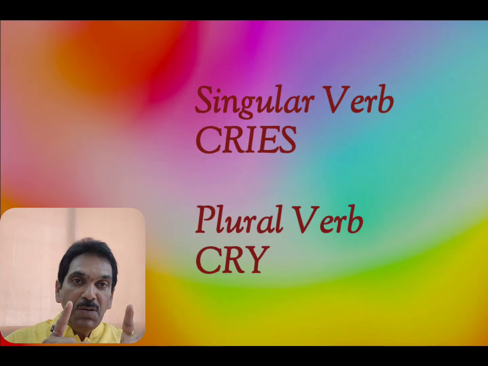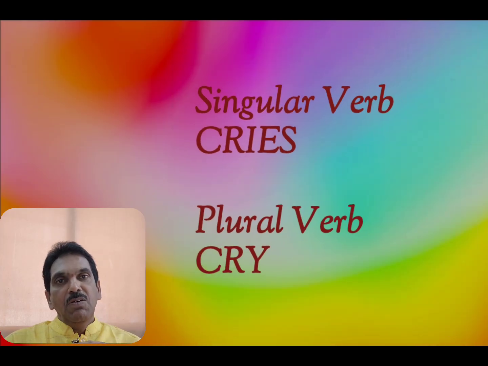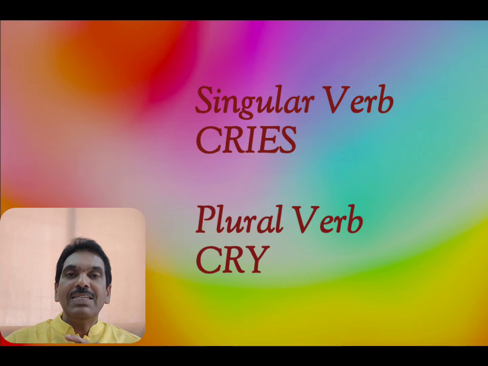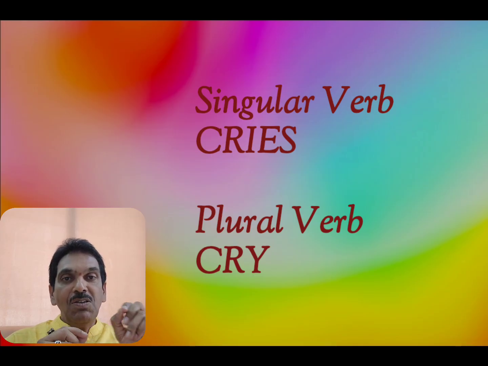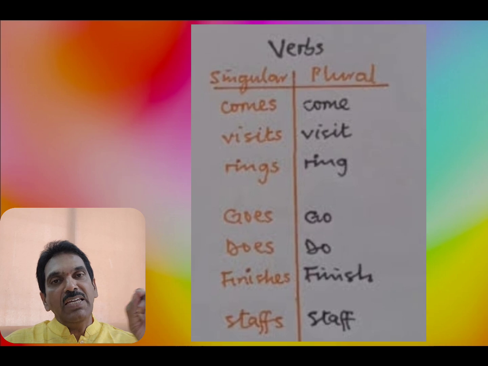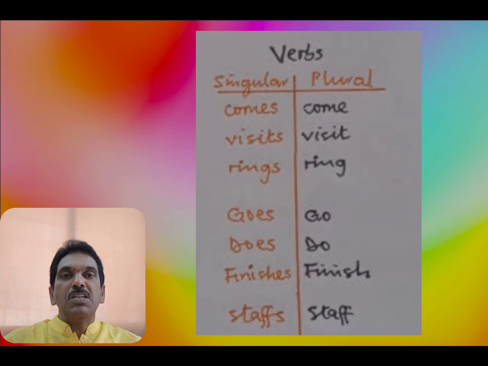But as far as verbs are concerned, we automatically tend to believe when S is there, plural. But that's incorrect. In case of verbs, when S or IES is added, it is singular. And when this S or IES is absent, it is plural.